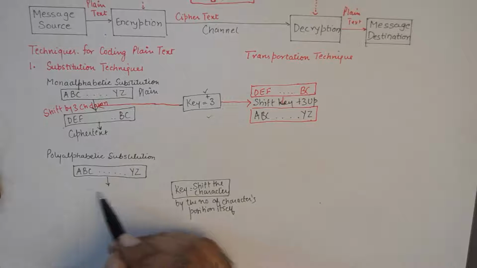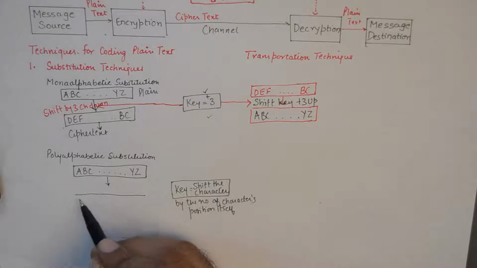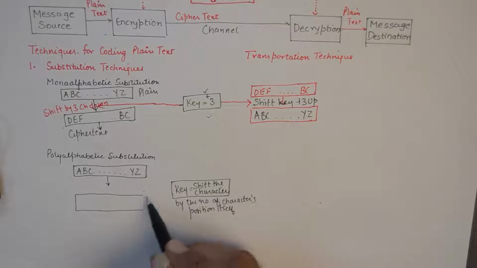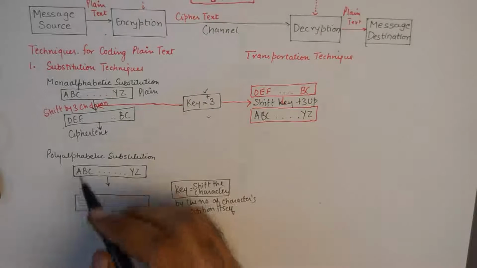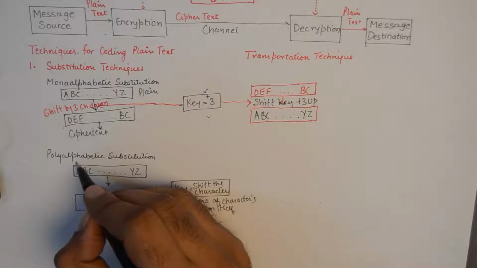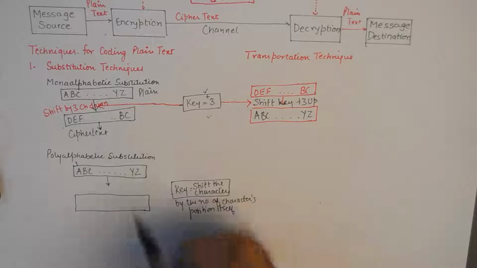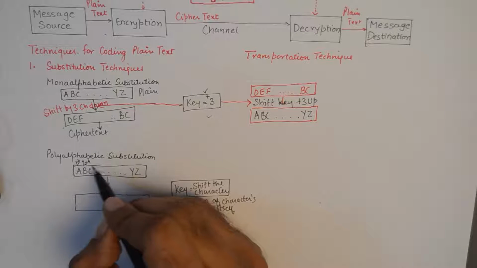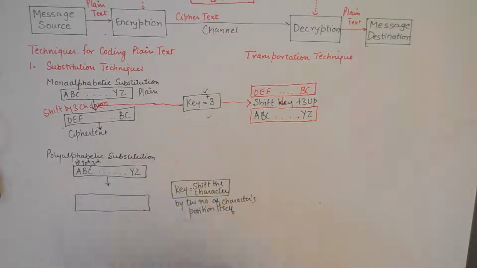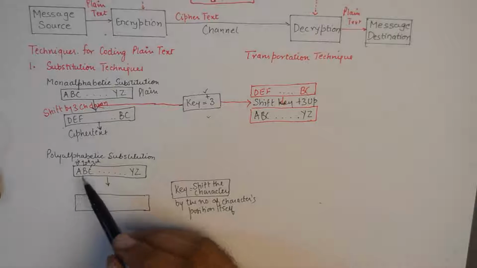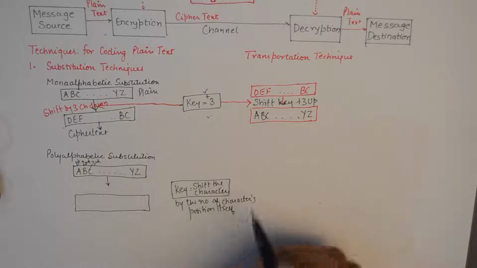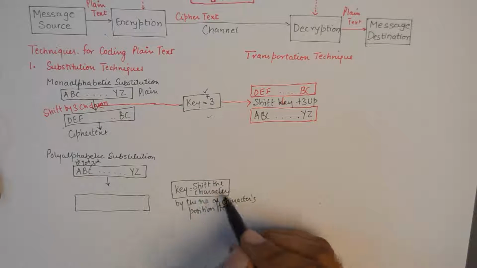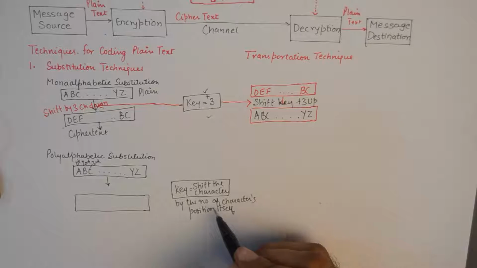Now what will happen here is, if A was transmitted, the position of A is fixed at first position, and similarly B is positioned at second, and C at third. So if A was to be transmitted, we'll shift A by the number of its character position itself.